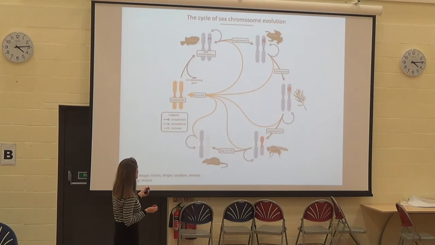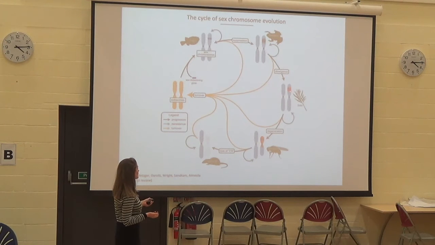However, at each stage, those sex chromosomes can persist. So the pufferfish has one gene that's involved in sex determination on the sex chromosomes. Everything else is identical, and that can persist for millions of years. You can go back and forth between these different stages, so it looks like you can actually undo some of the degeneration that we observe across some species.